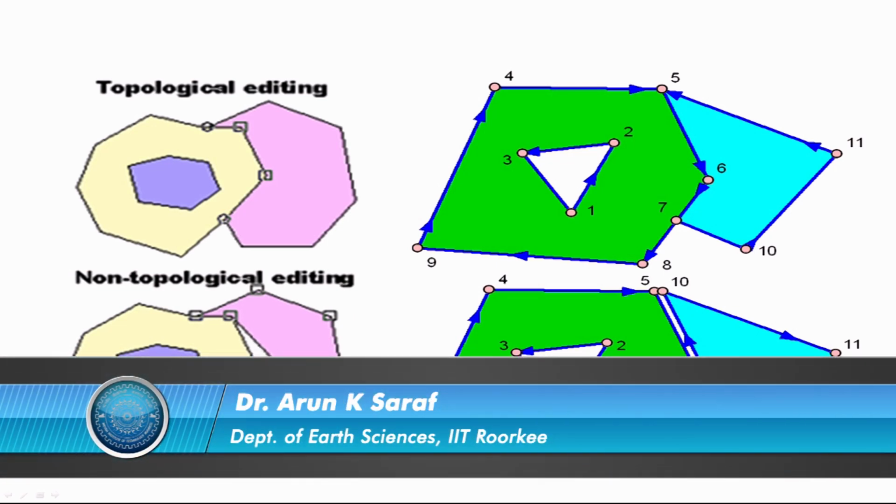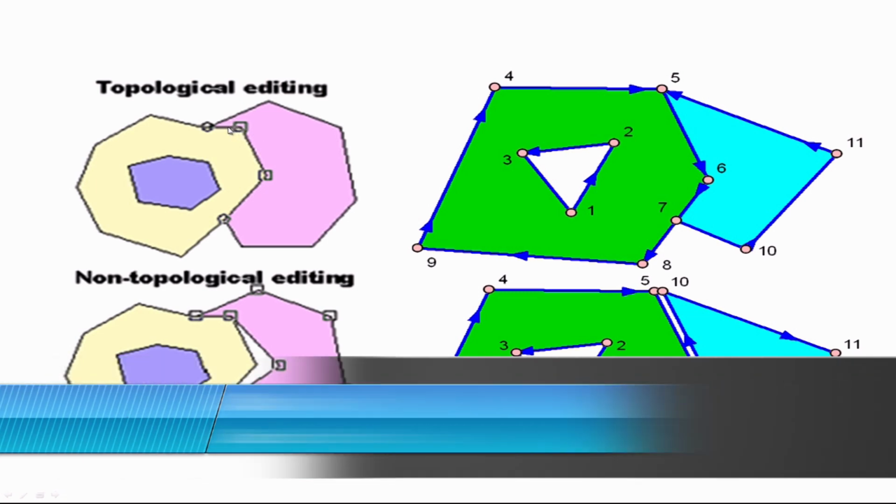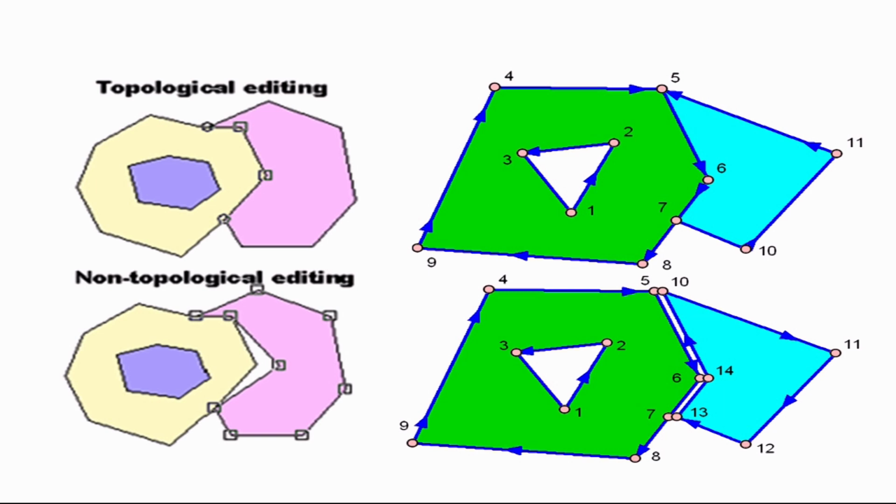But GIS software will never have such problems, because while digitizing we keep constructing topology simultaneously. So, there might be some overlaps, there might be some gaps if we are not using topology, but if we are using topology, then we will not have any gaps whatsoever.